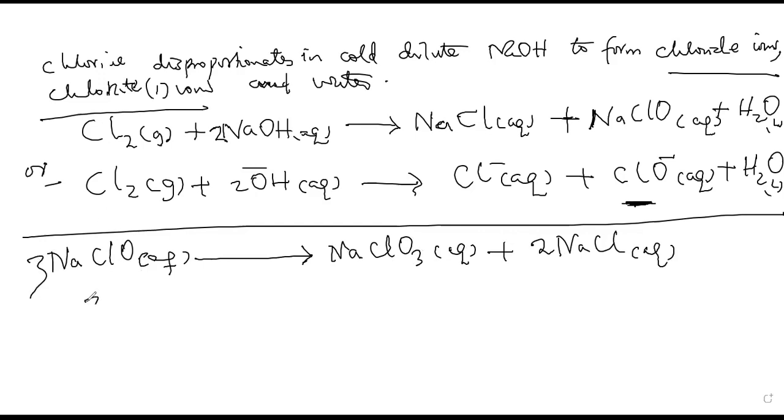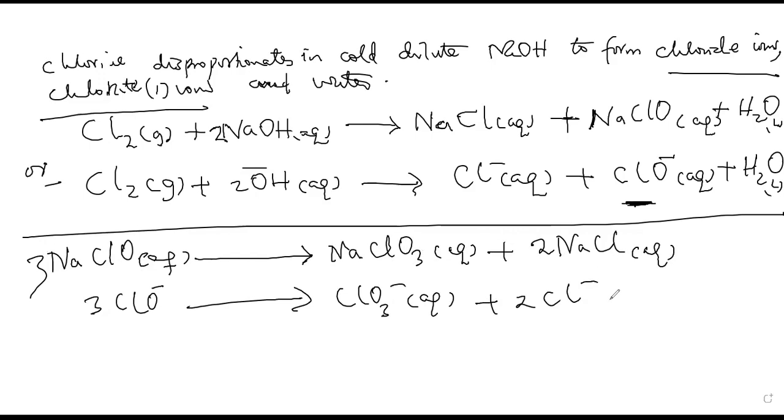Or if you had written ionic, it would be 3 chlorate 1 ions, disproportionating to form chlorate ion and 2 chloride ions. So that is how chlorine reacts with cold dilute sodium hydroxide.